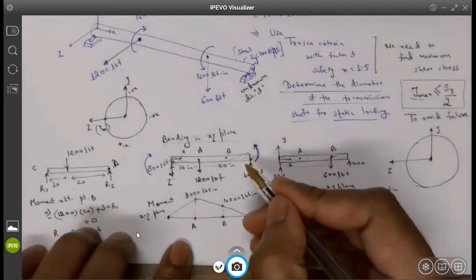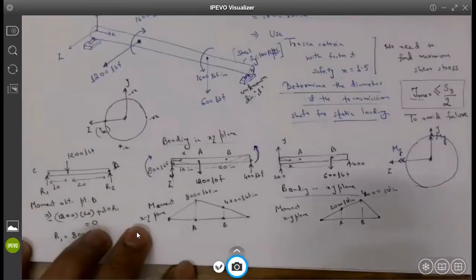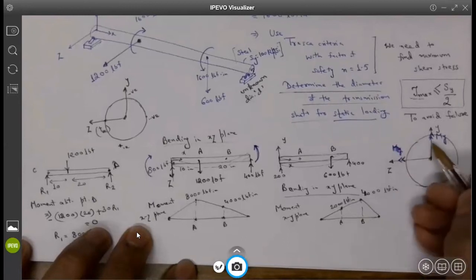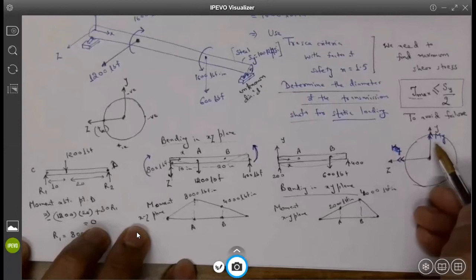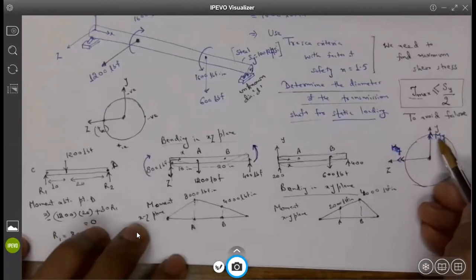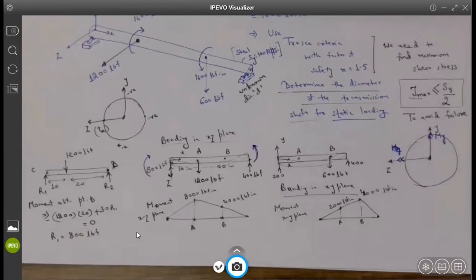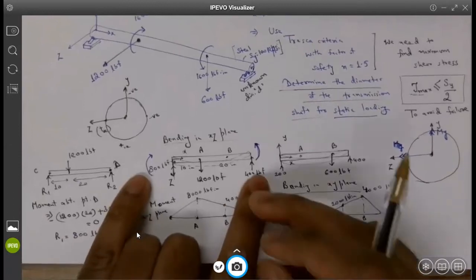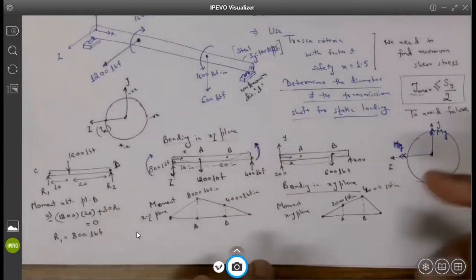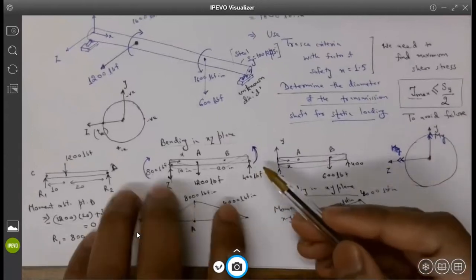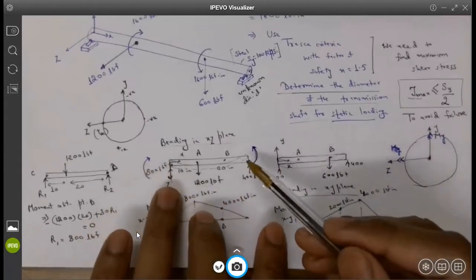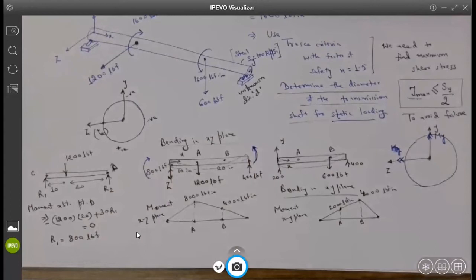Let me know if it makes sense. About the Y direction, the right hand thumb rule will give the direction of the bending moment in the XZ plane. If you understand this, the rest of the discussion will be easier. But if you do not understand it, let's focus on this specific concept.